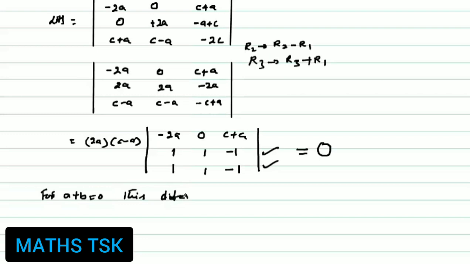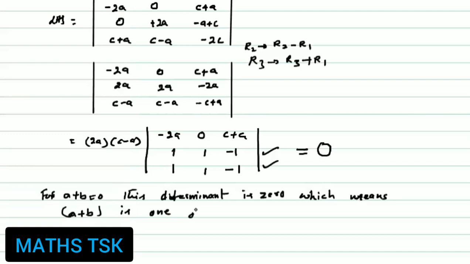This determinant is 0. Which means a plus b is one of the factors of the determinant according to a property.